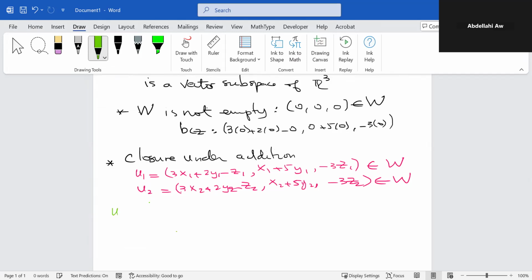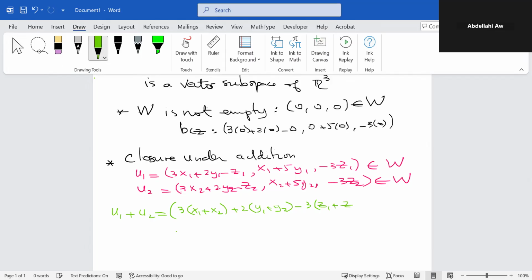You see, for u1 plus u2, by definition of the addition of two triplets, we add the first component, the second component, and the third component together. If I skip steps right here, it's going to be 3 times (x1 + x2) plus 2 times (y1 + y2) minus 3 times (z1 + z2).